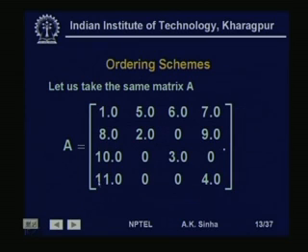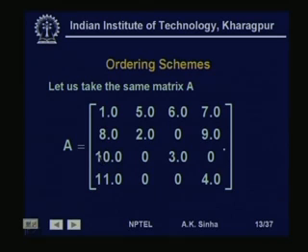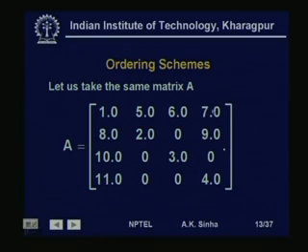Let us choose this row as row 1. So, now we have ranked row 4 as 1 and row 3 as 2, that is, the 4th row and column are now ranked as 1 and 1. Similarly, this is 2 and this is 2.